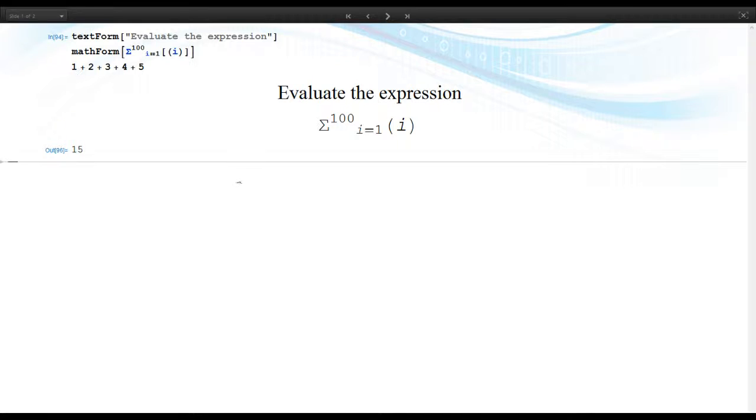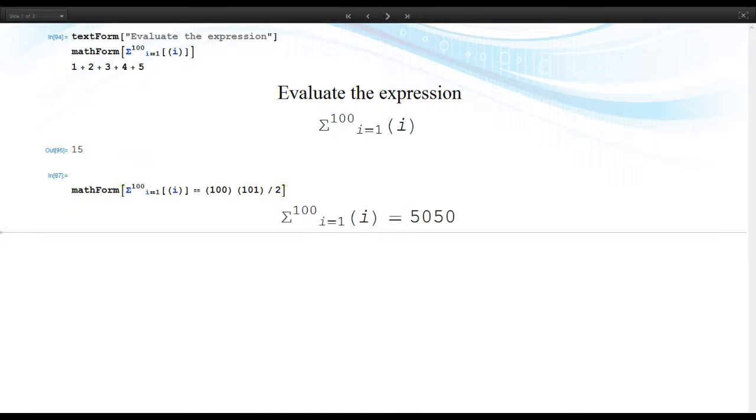But using our formula that we had from earlier, we can rewrite this as n, which is 100, times n plus 1, which is 101, divided by 2. 100 divided by 2 is 50. 50 times 101 is 5,050.